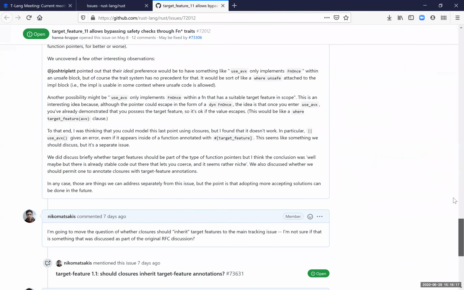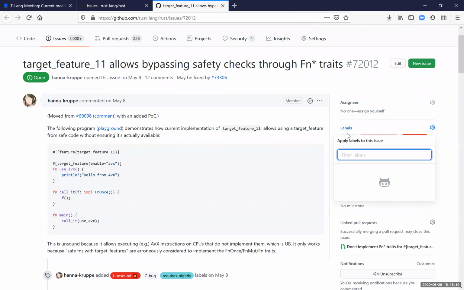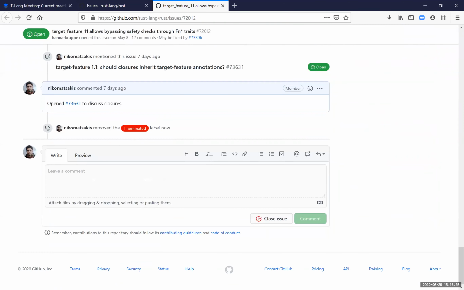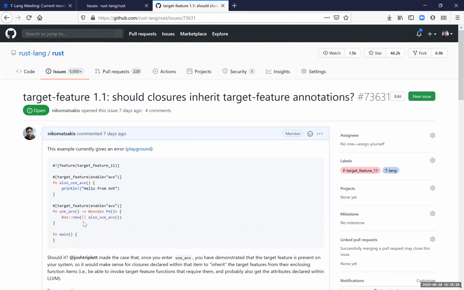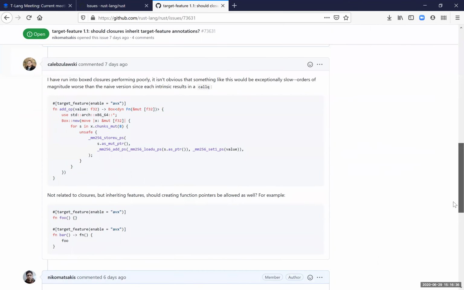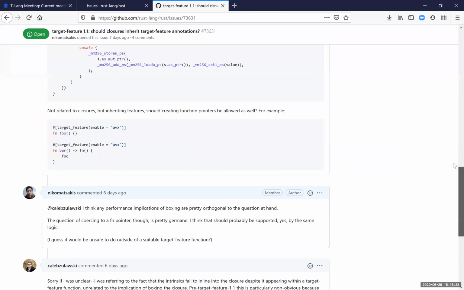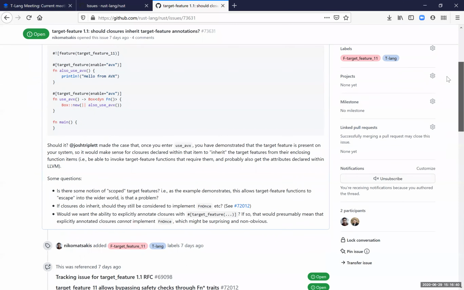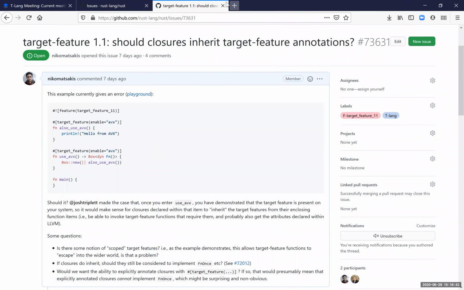Yeah, I think I just forgot to unnominate. The only thing I would mention while we're sitting here is that I did open an issue, which you can see here, related to the question of can a closure inside of a function use the target features of that function? I don't think there's been any real objections raised to why that would be a problem.